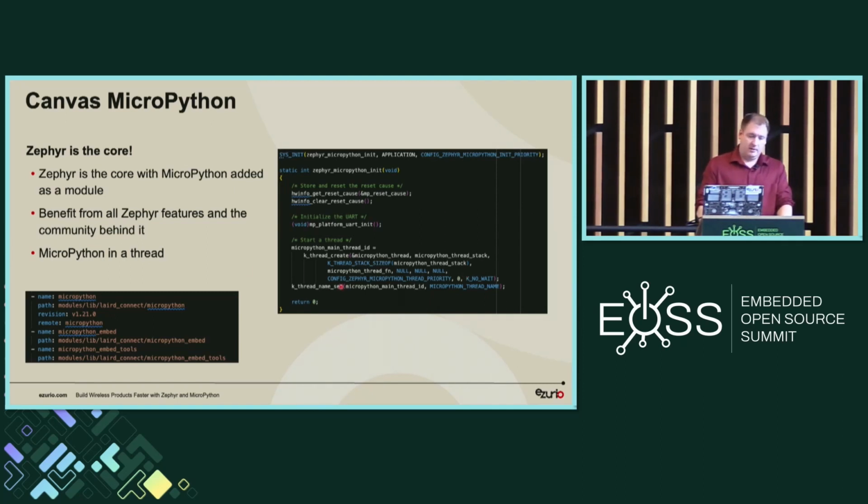So first, here's a little snapshot of our manifest where we're adding MicroPython pieces, pulling them down. And here's a little quick snapshot where we're using sysinit to, on boot, start MicroPython up in a thread.